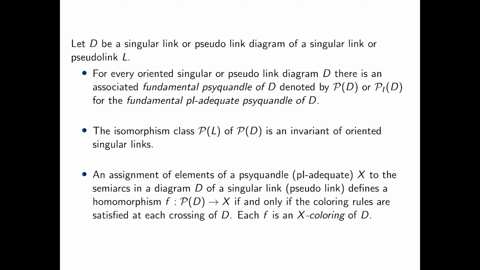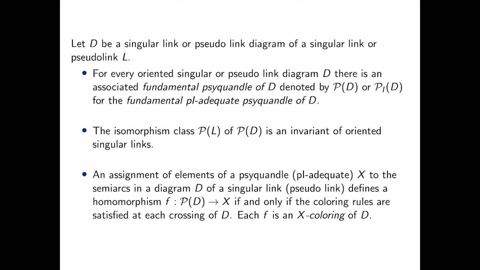In the paper Psyquandles, Singular Knots, and Pseudo Knots, the authors proved that the isomorphism class of the fundamental Psyquandle of the diagram D, denoted by P of L, where L is a singular link, is in fact an invariant of oriented singular links.